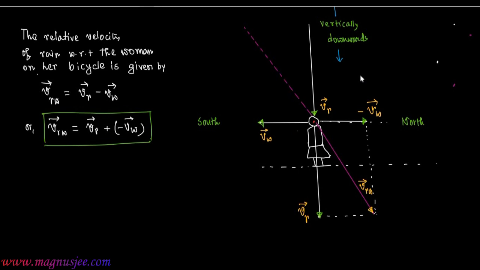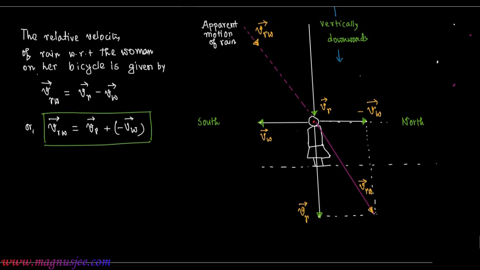Vector Vrw is the apparent velocity of rain with respect to woman. Here the rain will appear to come from this direction with the apparent or relative velocity vector Vrw, due to its relative motion. Rain is actually falling vertically downwards, but it will appear to come from this direction.